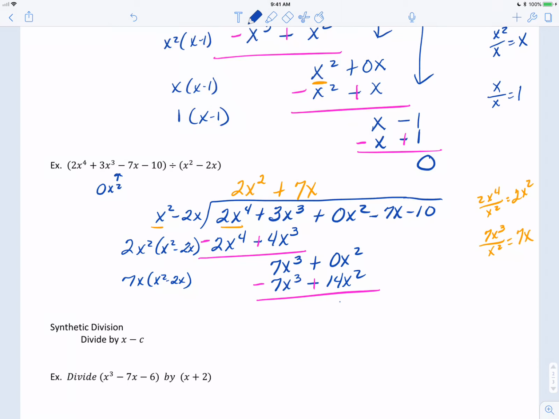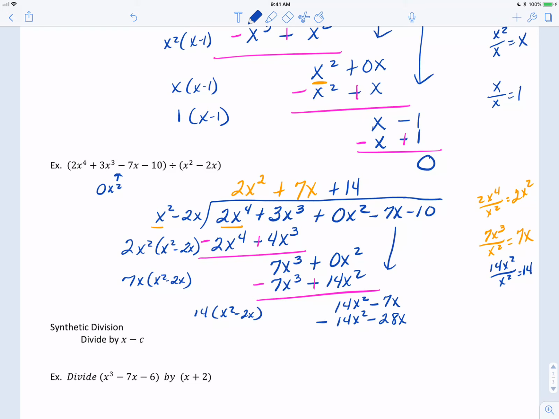We get 14x squared, bringing down the next term. And so that is 14x squared divided by the x squared is just 14. So 14 times x squared minus 2x is 14x squared minus 28x.